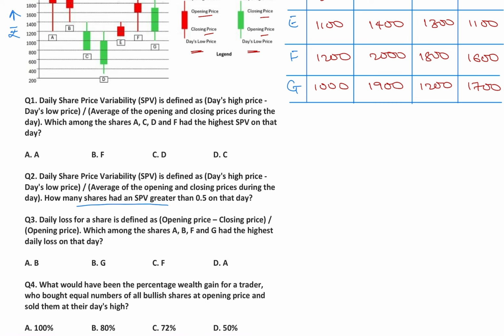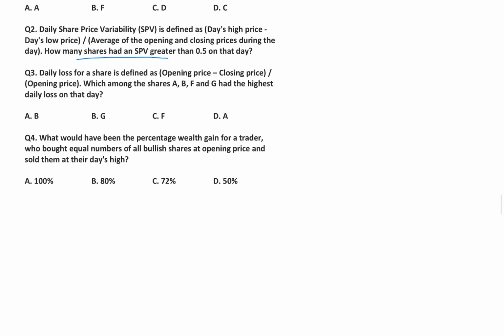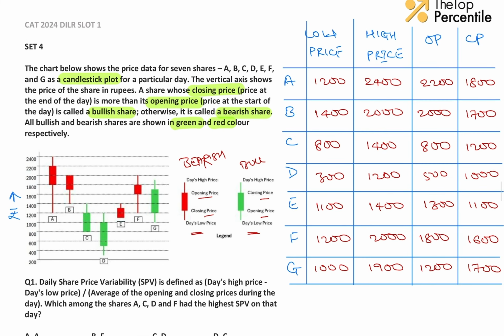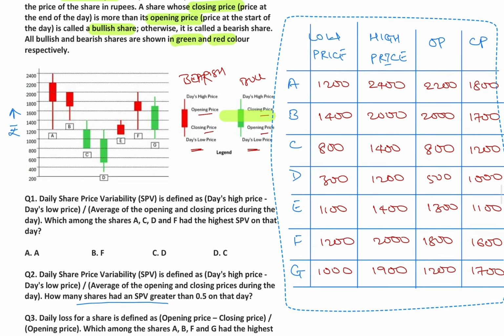So what I understand is I have to anyways find out the SPV for all the candlesticks, that is from A to G. So let's just find it for all the values. So let me bring this table down so that we don't have to go up again and again.